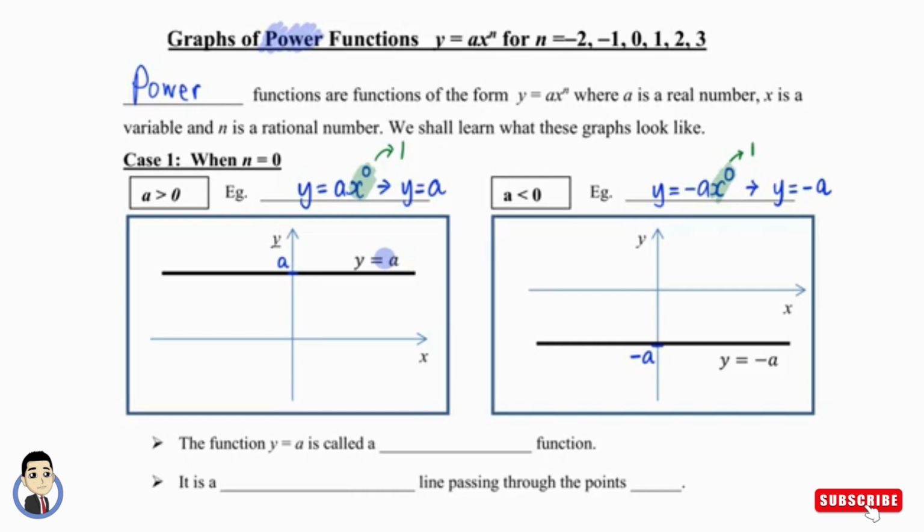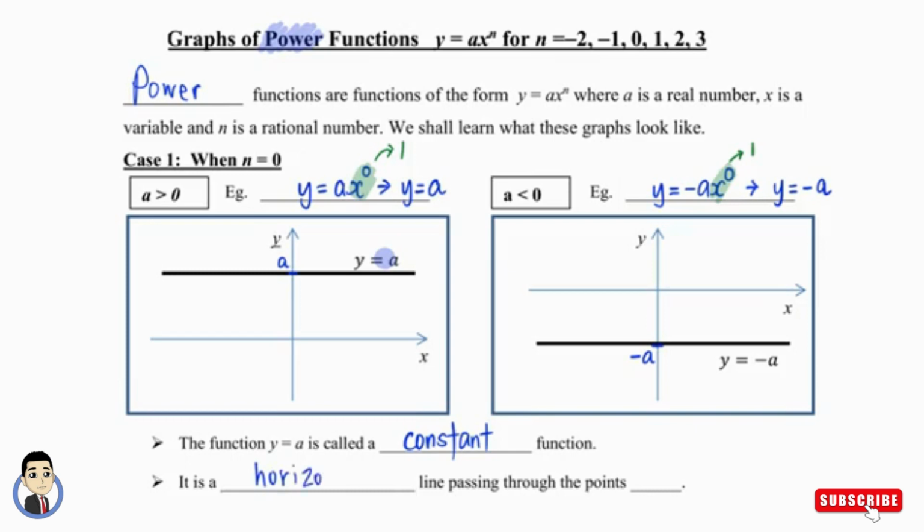There's a special name given to this type of function or graph. It is called a constant function. And it is a what line? Just now I mentioned before. Horizontal or vertical? Very good.